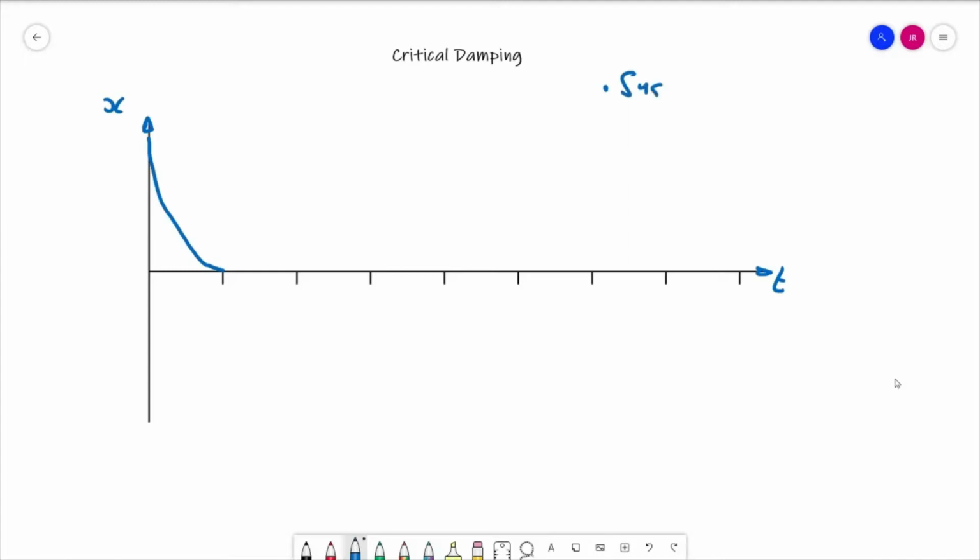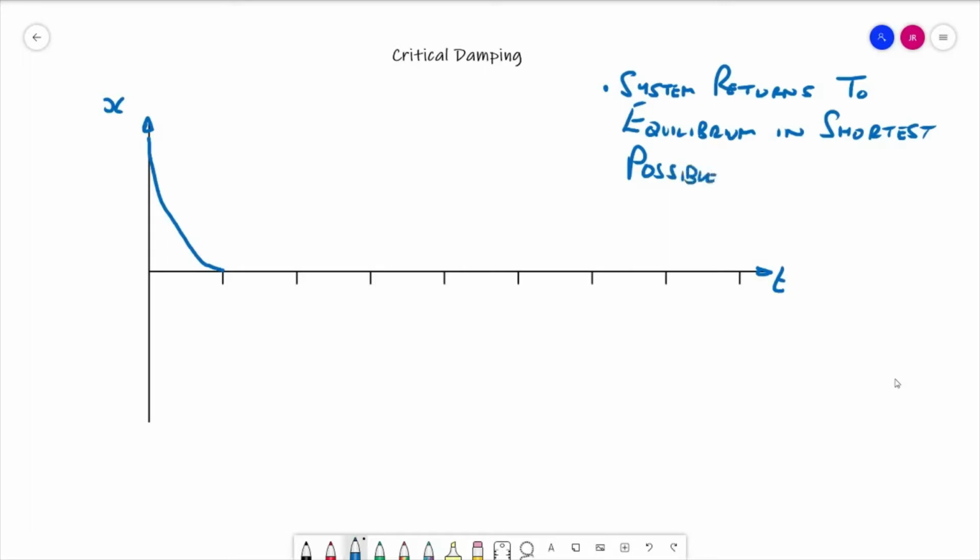So the key points are that the system returns to equilibrium in the shortest possible time, but we have crucially no oscillations occurring.